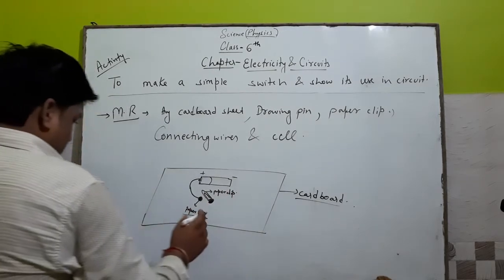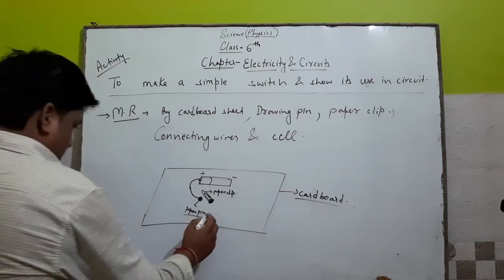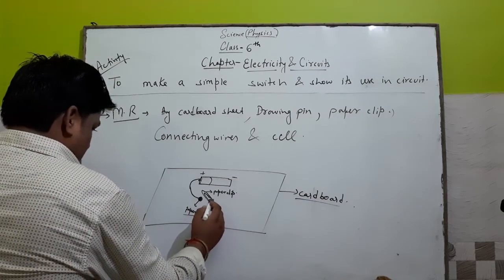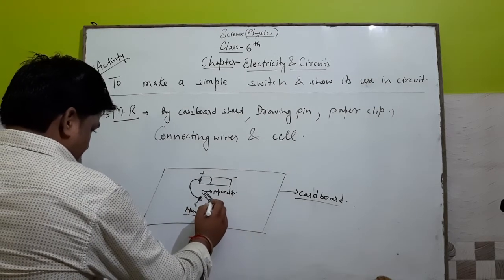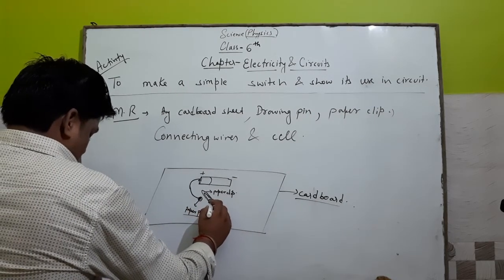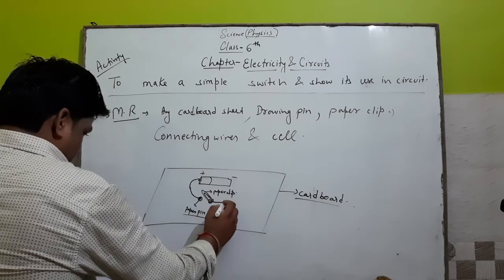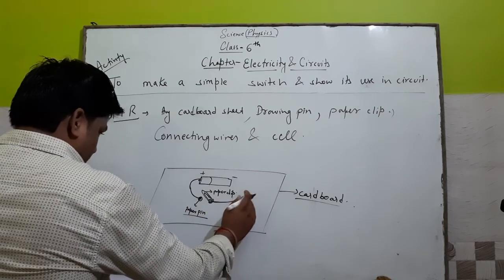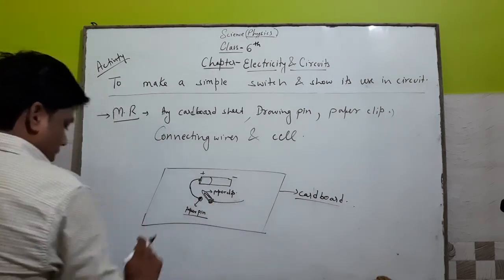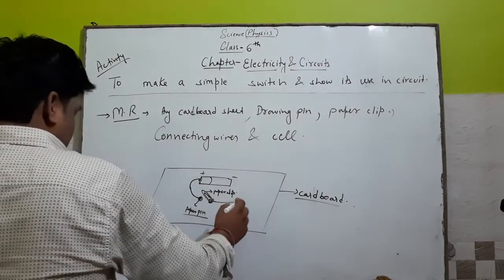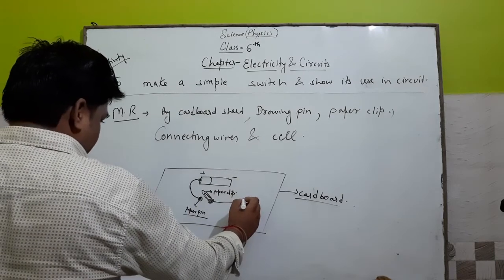And through this paper pin again connect a wire, and connect this wire through the electric bulb.